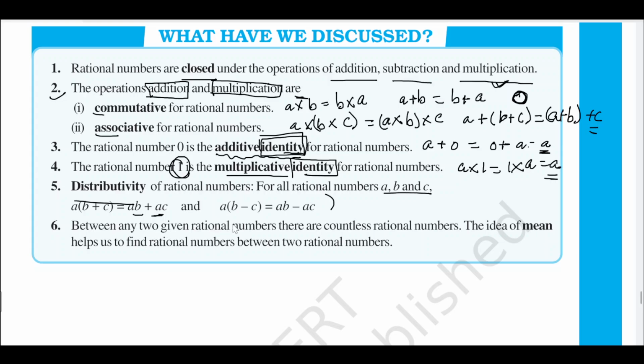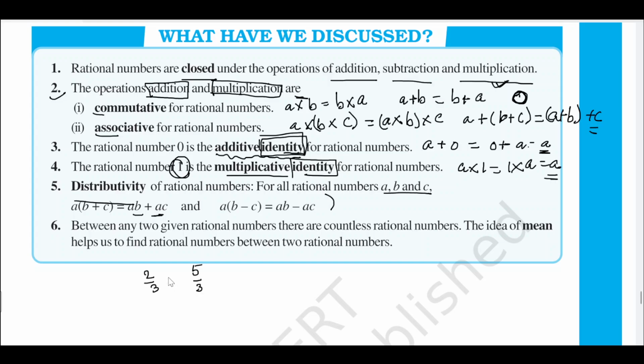Between two given rational numbers, there are countless rational numbers. The idea of mean helps to find rational numbers between two rational numbers. Suppose the rational numbers 2 by 3 and 5 by 3.